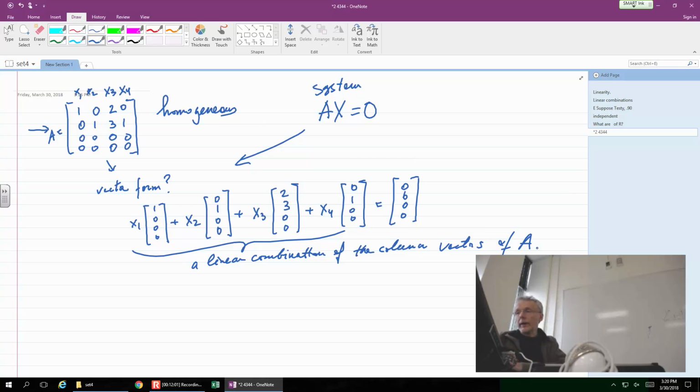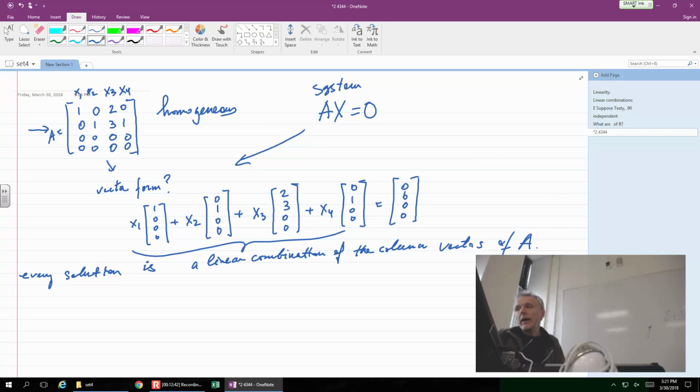What we observe here is that every solution is a linear combination. The combination of numbers x1, x2, x3, x4 is supposed to be such that when substituted into this formula, it would give us 0 on the right-hand side.